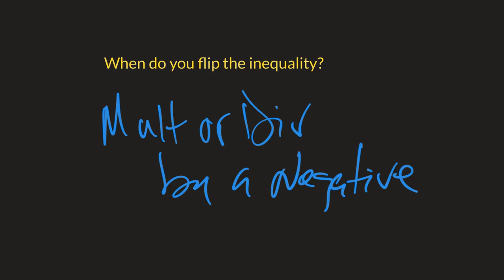If we multiply or divide by a negative at any point, we want to flip the inequality.